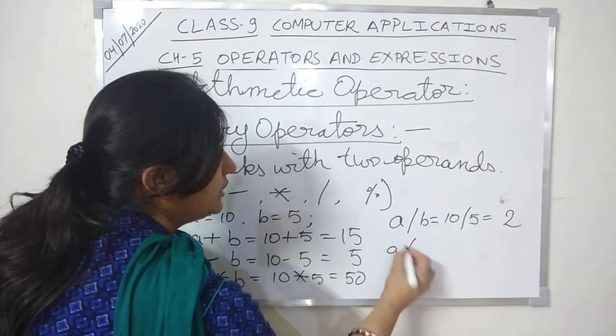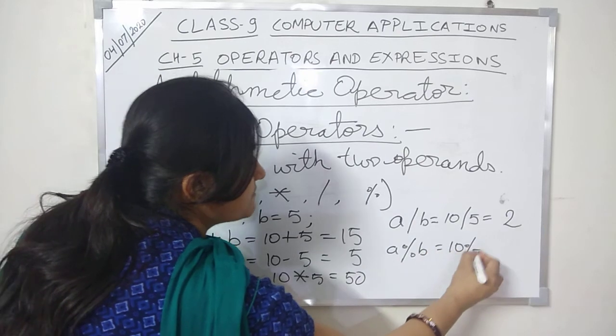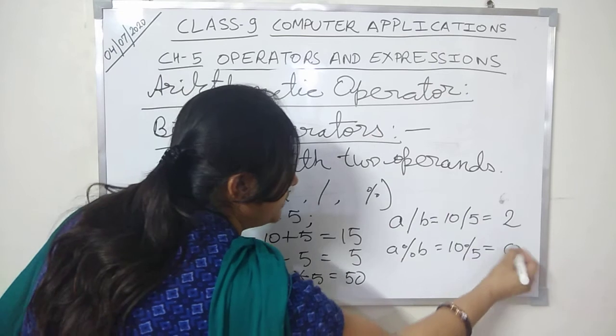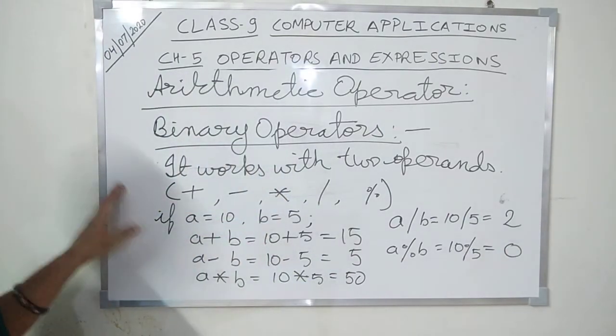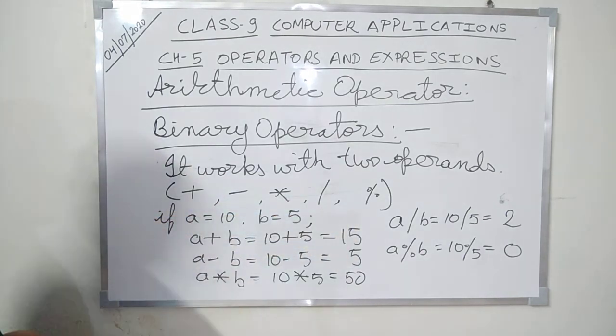But if we use this modulus sign, 10 modulus 5, it will give the remainder value, that will be 0. Okay. So these are the different types of binary operators.